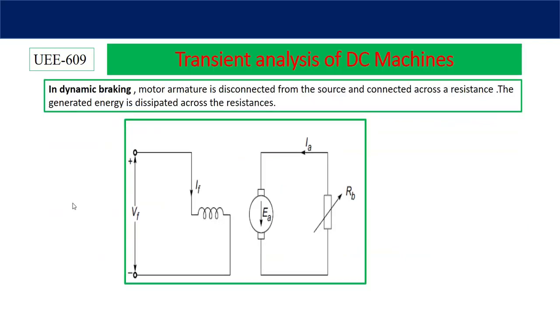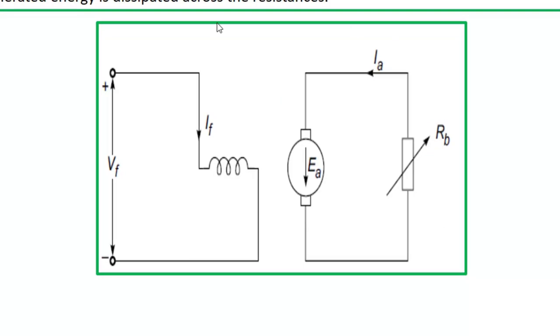Dynamic braking. Here a separately excited motor is taken as an example. In this case, the motor is disconnected from the source and then connected across a resistance. So whatever energy is generated across this armature is dissipated across the resistance.